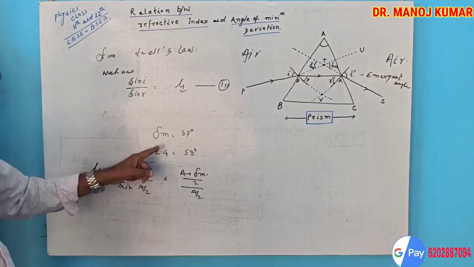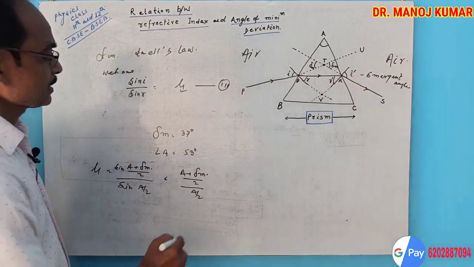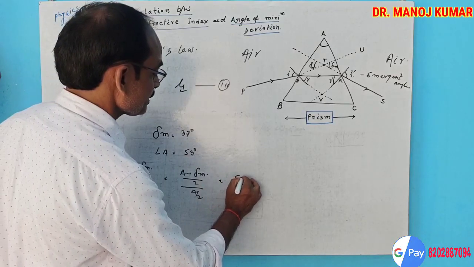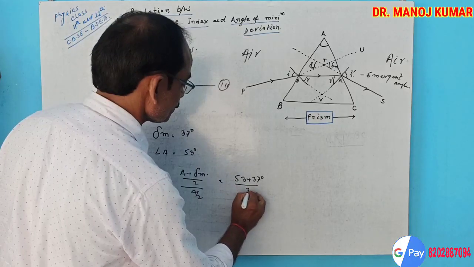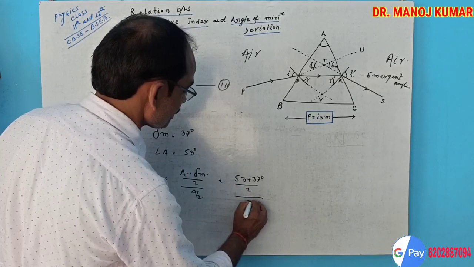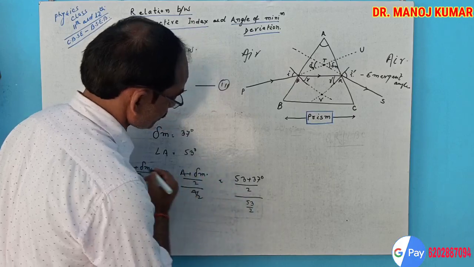Put the value of these two terms, that is 53 plus 37 upon 2 upon 53 upon 2.